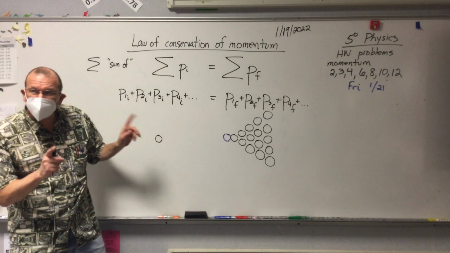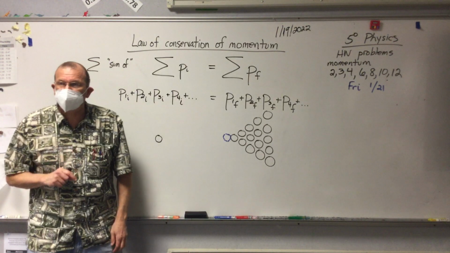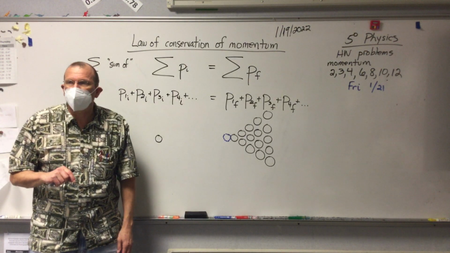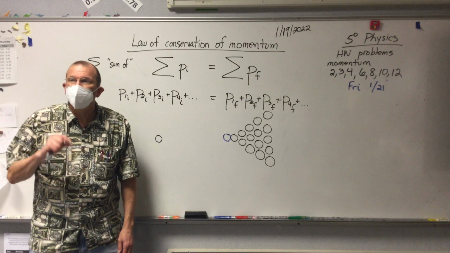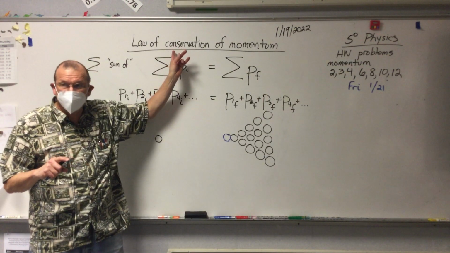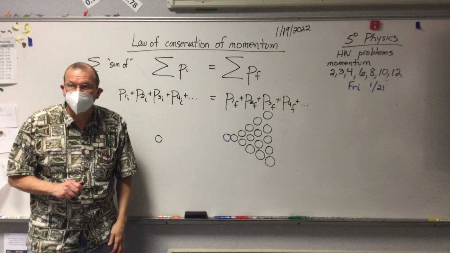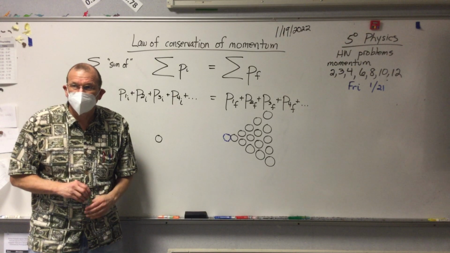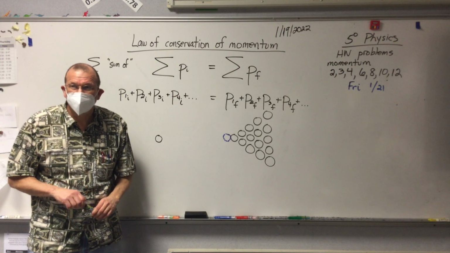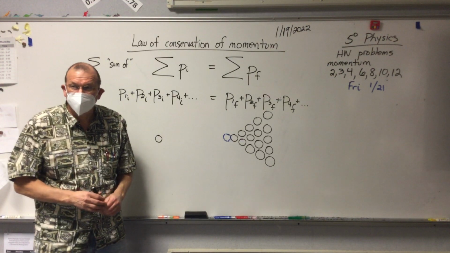So if people only focus on the cue ball, they would say, oh, the cue ball lost all its momentum. Why has it not lost all its momentum? What happened to it? Momentum transfer to the other pool balls.